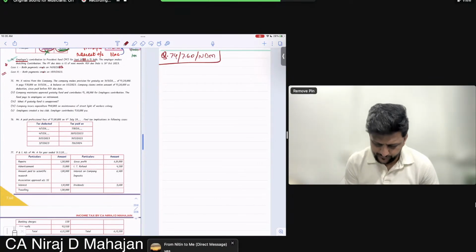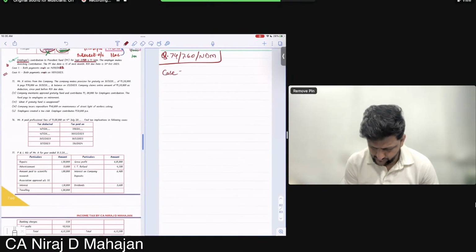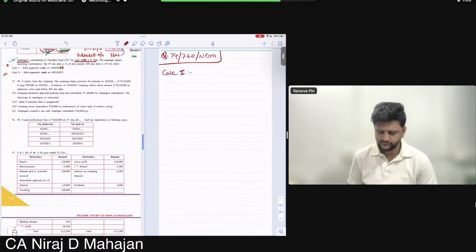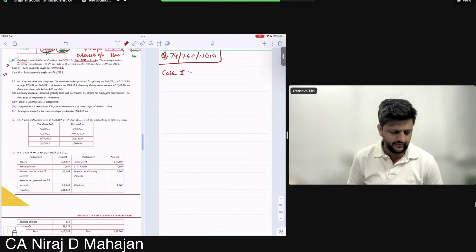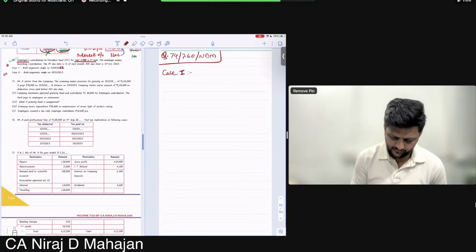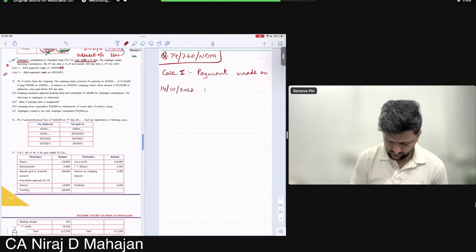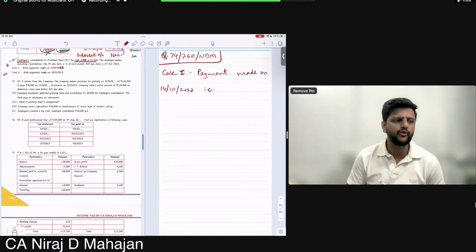Case 1. Payment made on, that is before which due date?